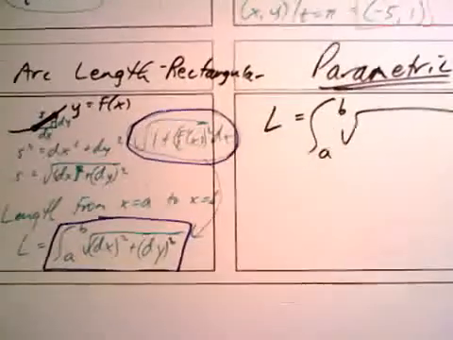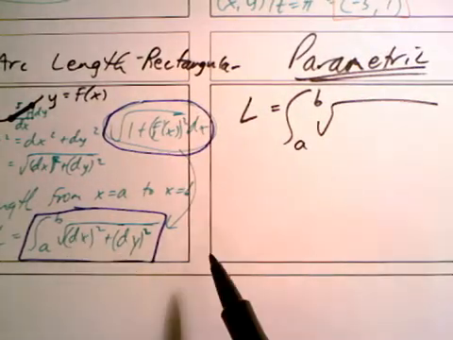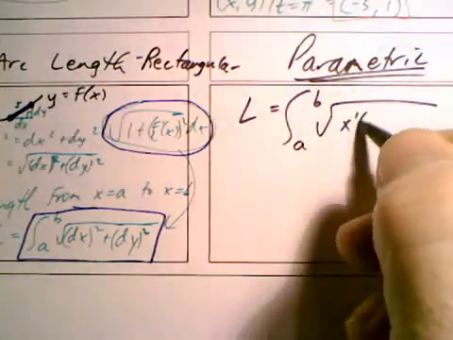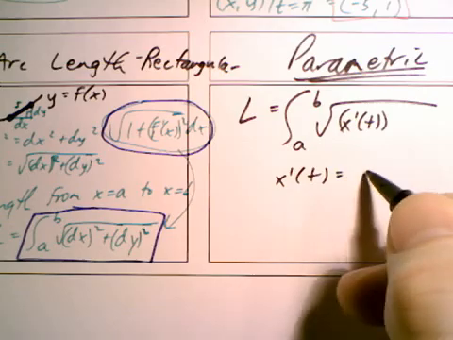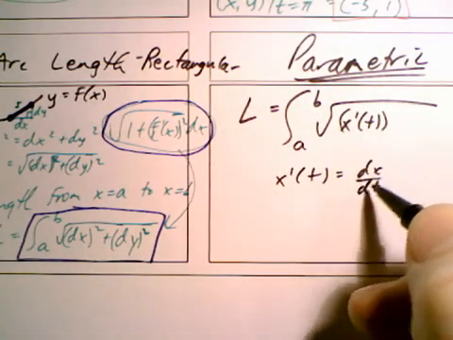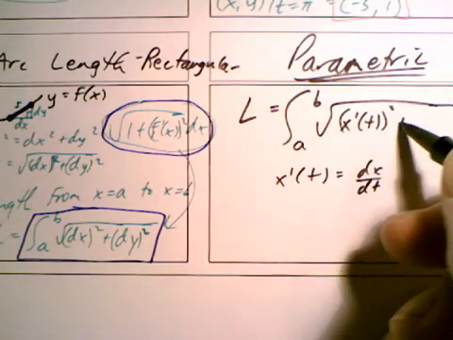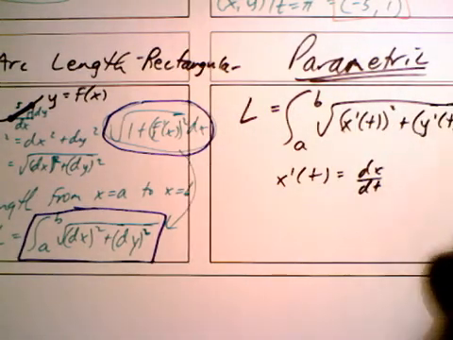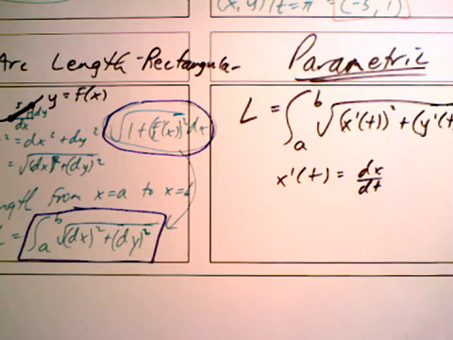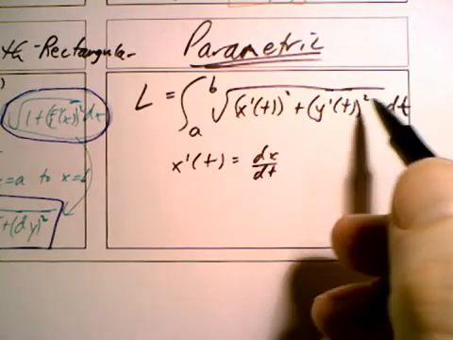Maybe I'll zoom out a little bit so you can see them both at the same time. dx in parametric is the same thing as x prime of t, or dx dt. We're going to square that, and add to that y prime of t squared dt.